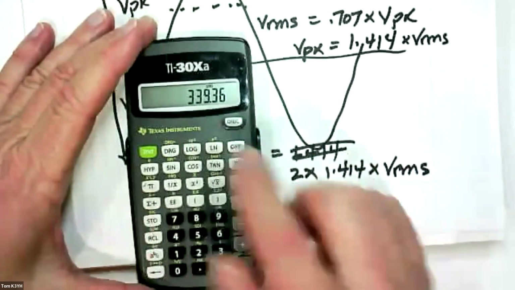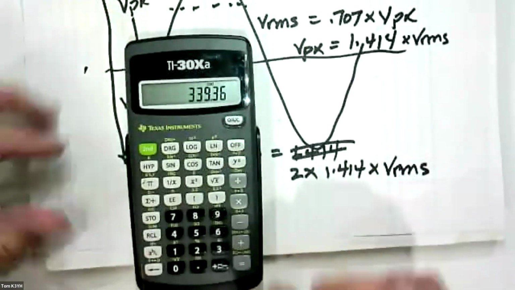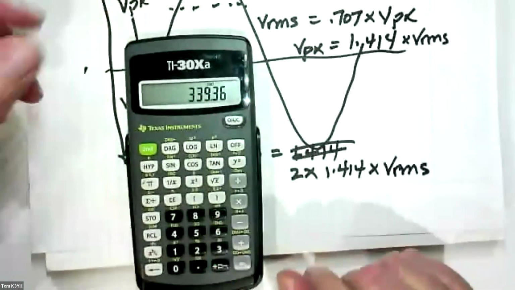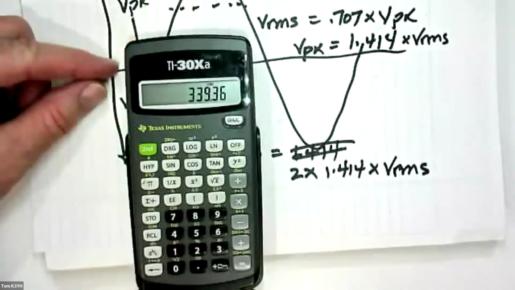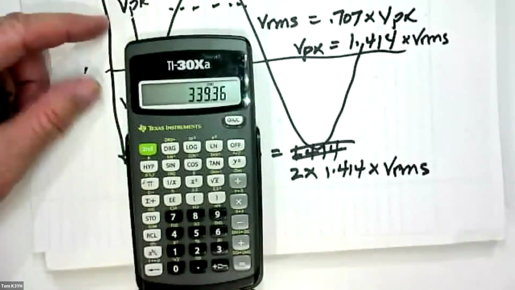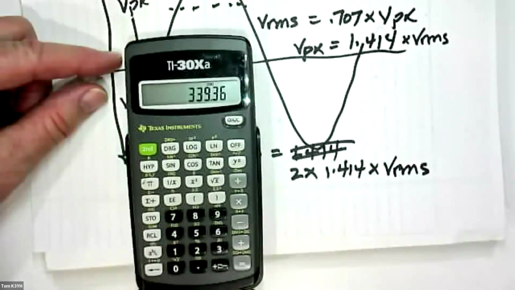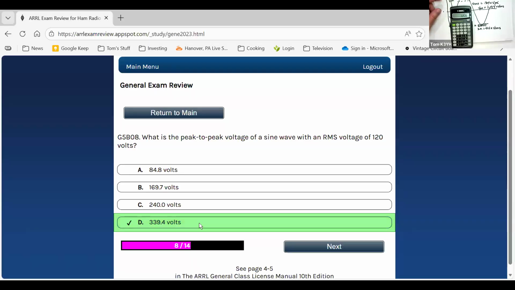So it gives me about 340 volts, 339.36. Okay, and actually, that's the choice. If you look at the question here, the choice is 339.4.